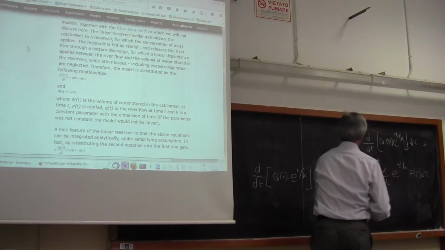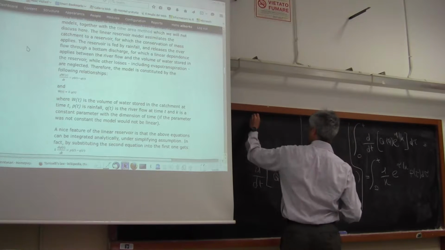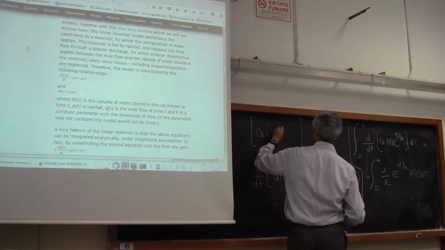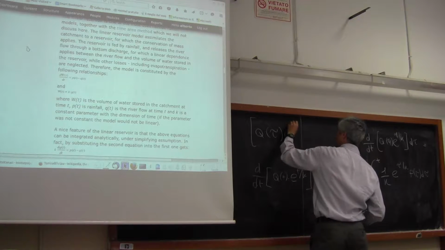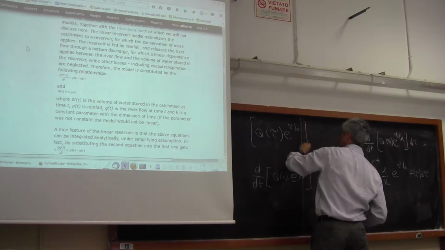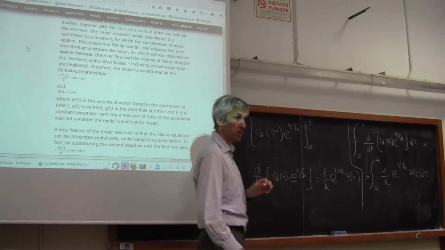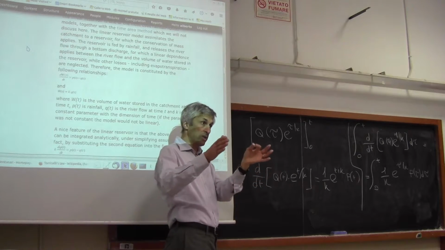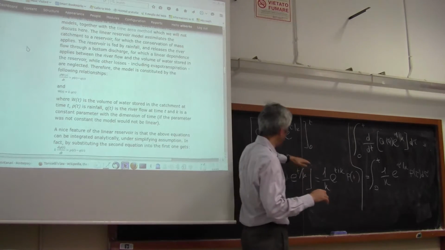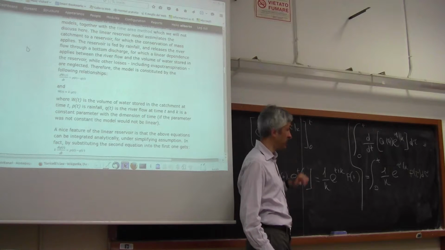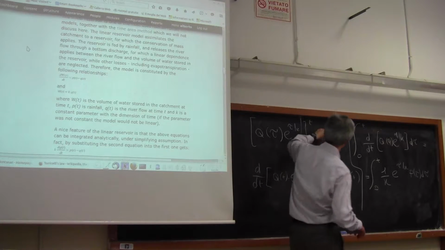The first integral is equal to q(tau) e to the power of tau over k, computed between 0 and t. Because once we found the integral, we have to compute it between the two extremes of integration, which are 0 and t.